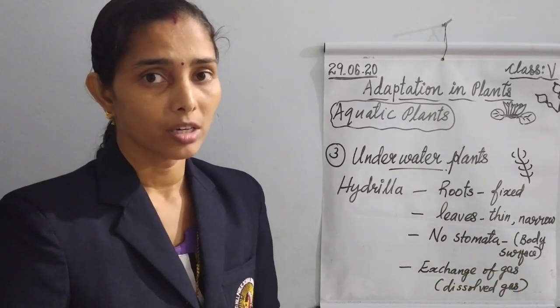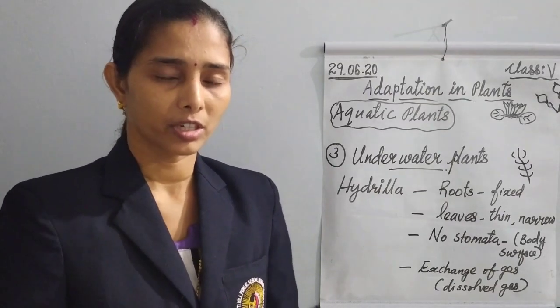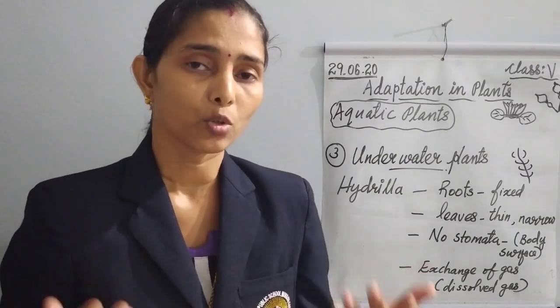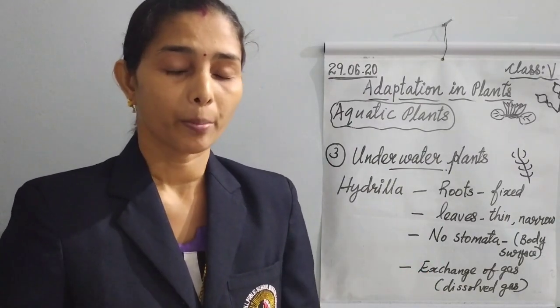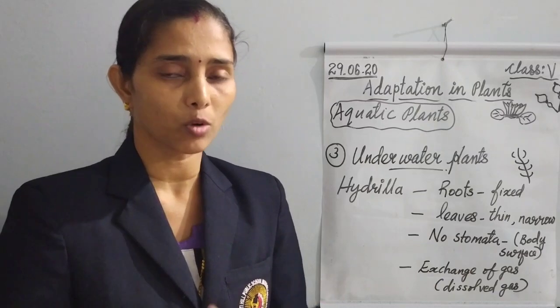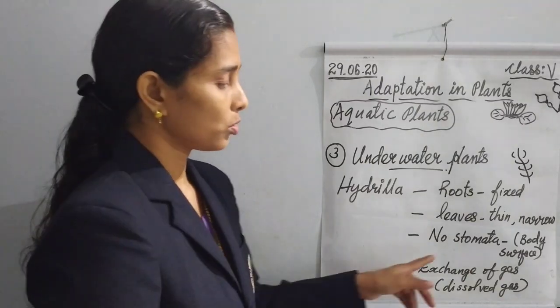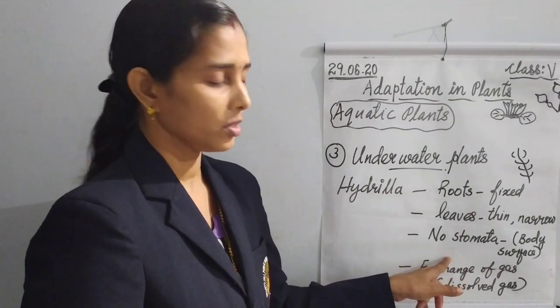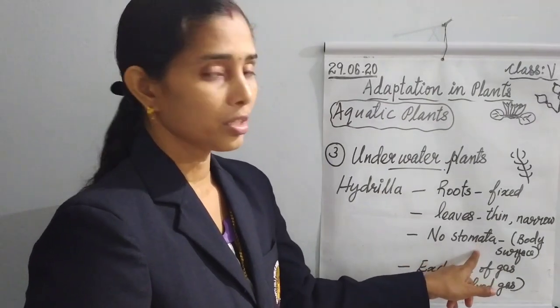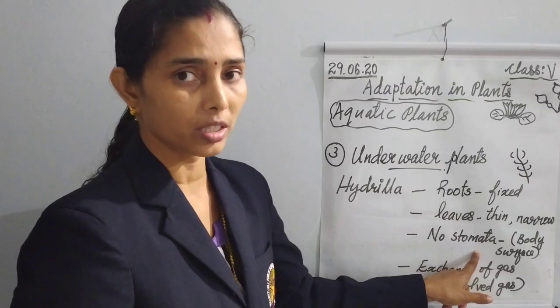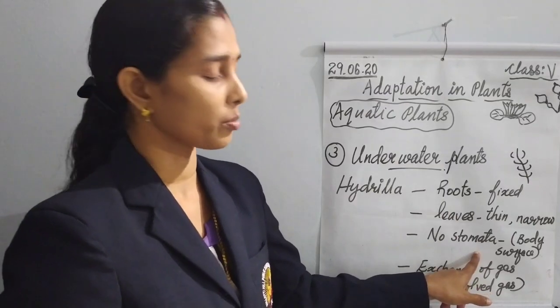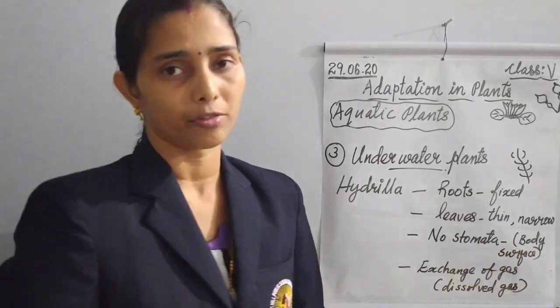Hydrilla does not have stomata. Then gas exchange is compulsory, no? Gas exchange is a needed thing. If there is no gas exchange, it cannot do photosynthesis, it cannot breathe. So it needs to do all these things. So what will they do? The stomata is not there, but this function is taking place by the body surface.